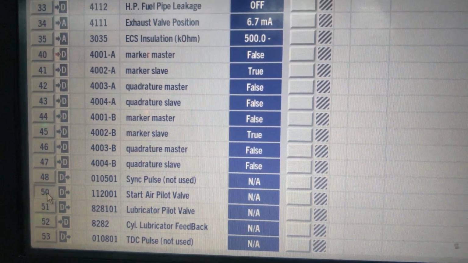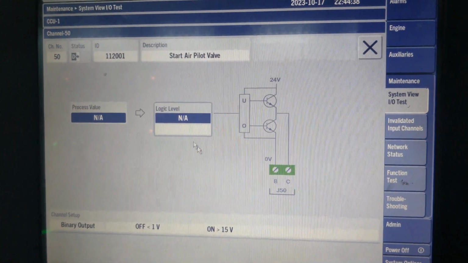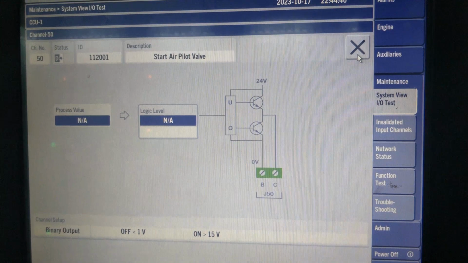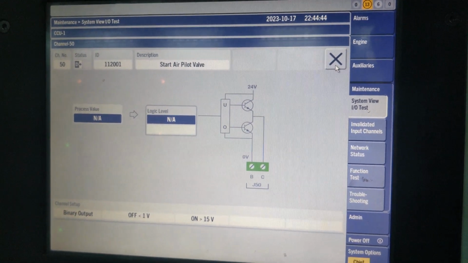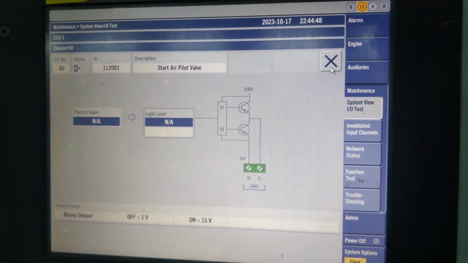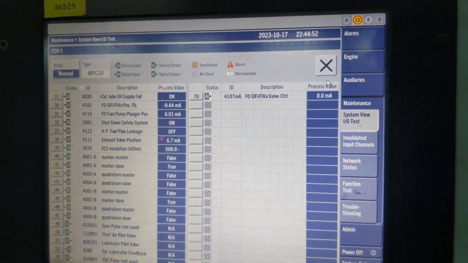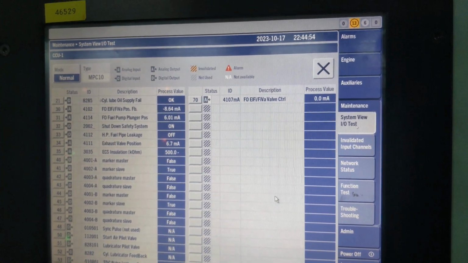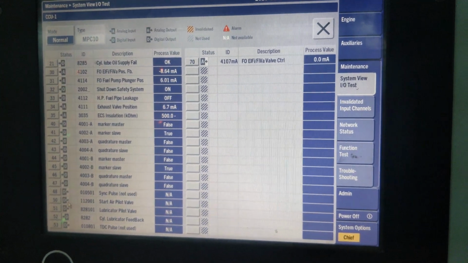This is to energize the solenoid of the starting air valve of number 1 unit. Like that, the solenoid is getting energized and the engine is getting started. Once the engine starts, followed by the fuel injection, when the reverse movement is given, the firing order also changes, and this is how the starting is happening.